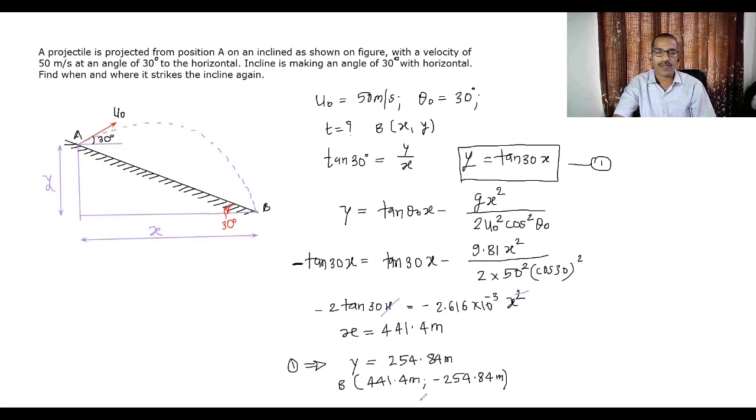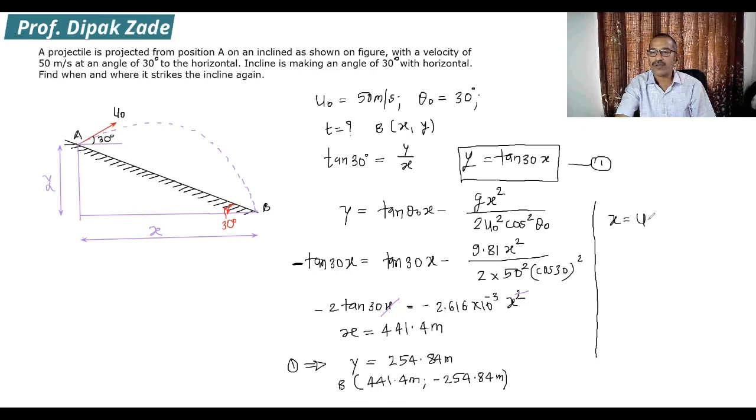This t, if you want to find it out, as you know the x value, and the equation of x is very simple, x equal to u0x into t. In this case, if we apply the x equation, the only unknown term is t. x equal to u0x into t.